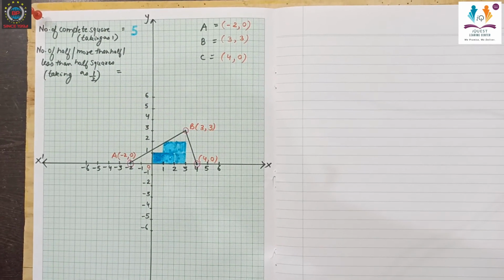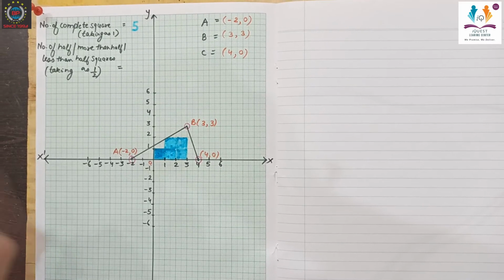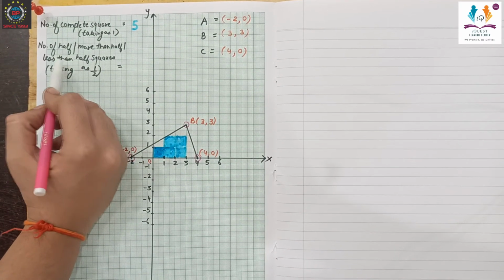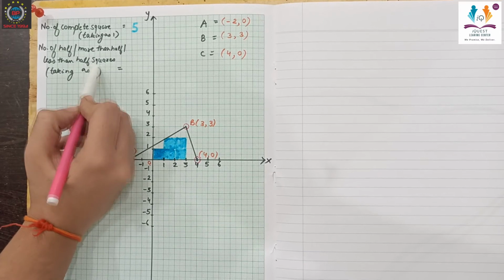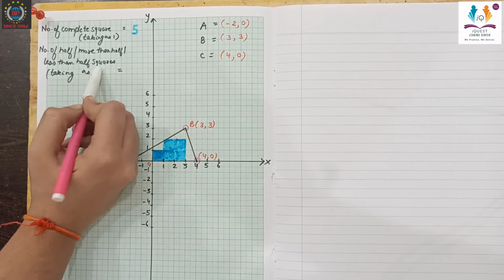Now we will find out number of half, more than half and less than half squares, and we will take them as half.